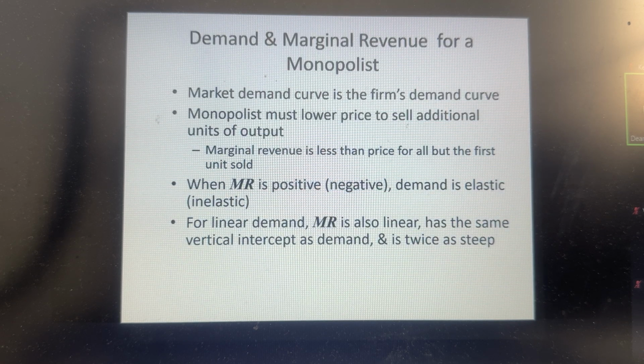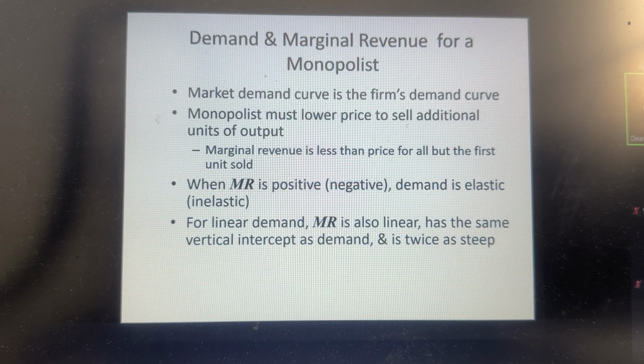Demand and marginal revenue for the monopolist. The market demand curve is the firm demand curve. There is no different demand curve for the market and the firm. In perfect competition, the industry demand curve is downward sloping and the firm demand curve is parallel to the horizontal axis. We learned that.